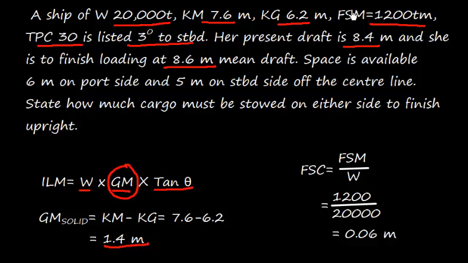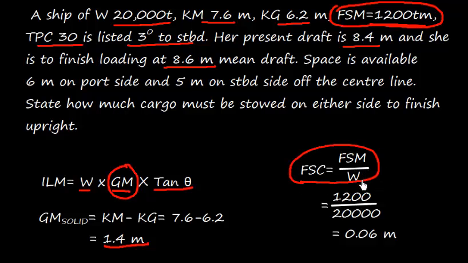However, in this problem, FSM is also given. So the free surface correction is FSM divided by displacement. So FSM is 1200 and the displacement is 20,000. So I get 0.06.